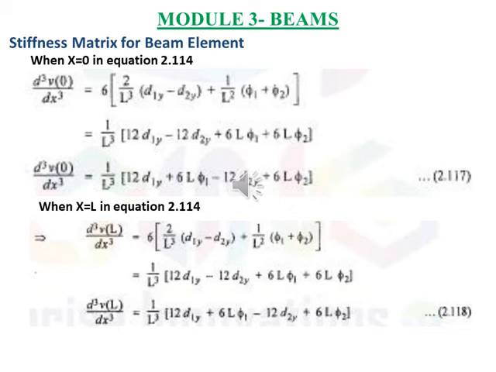So this will be further reduced as per equation 2.118 and will be rewritten as del cube of mu of L divided by del x cube is equal to 1 by L cube into 12 d1y plus 6L phi 1 minus 12 d2y plus 6L phi 2.